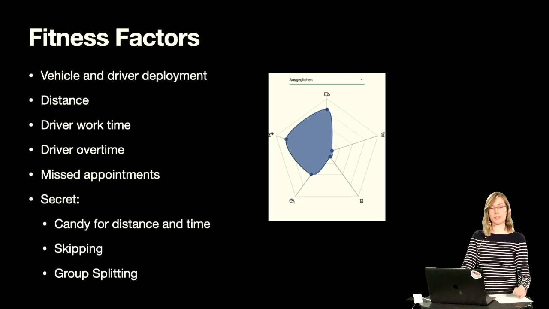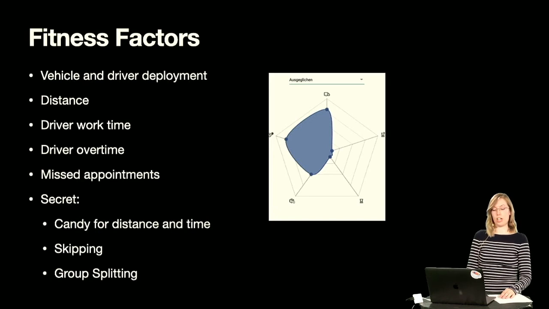There are also some kind of secret factors that we set internally on our service. That's for one, the candy for distance and time, which sounds a bit weird, but generally it's just a factor that makes a tour more human and a bit more pretty, but not as good as an optimized tour would be.